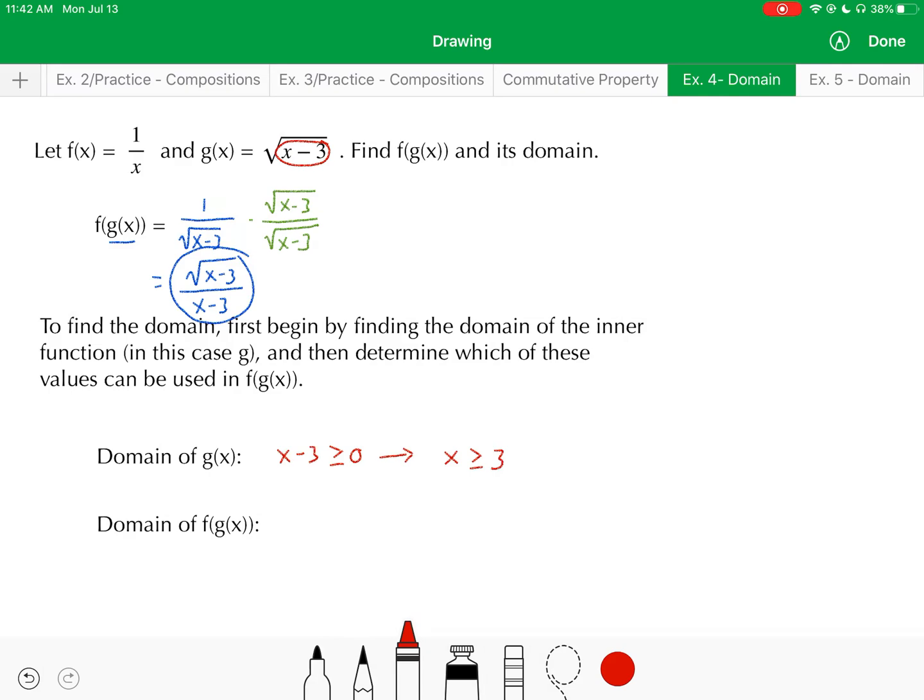But now you have to take this set of numbers and make sure that there aren't any other values within it that make the overall composition not have a result. There is one particular value here that I need to exclude, and that's the number 3 itself.